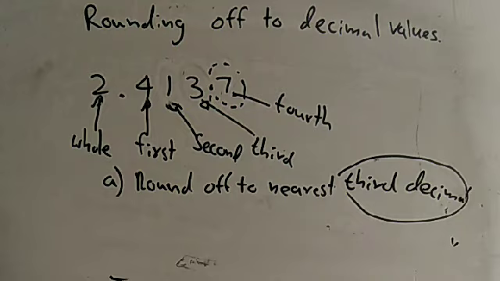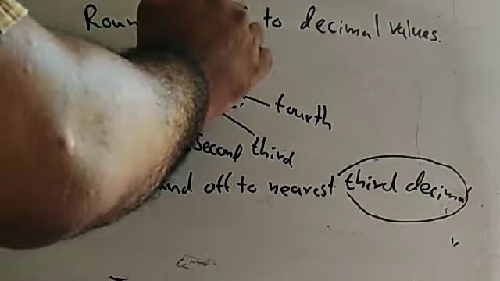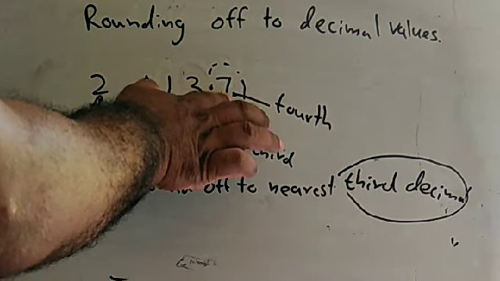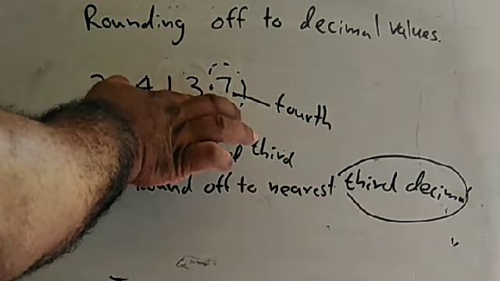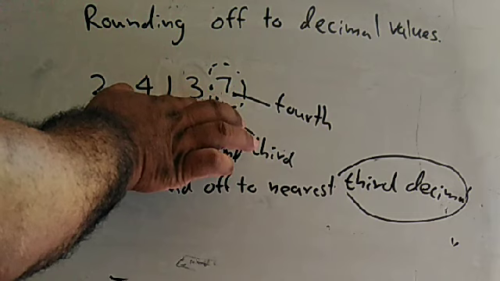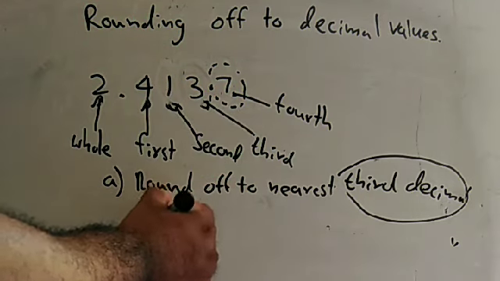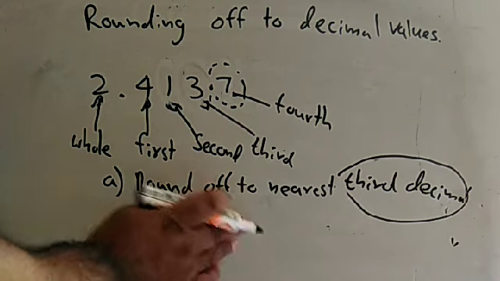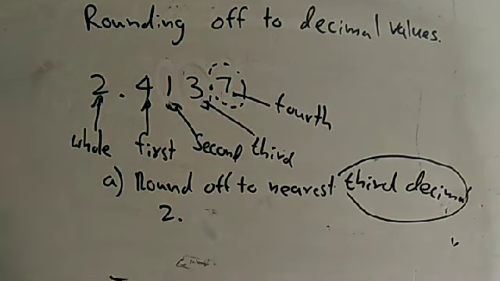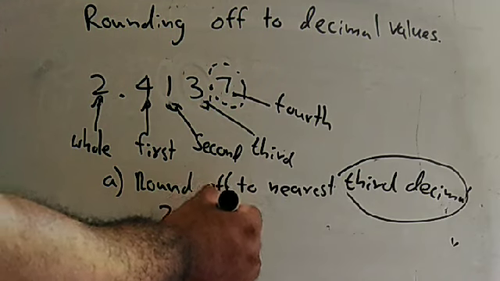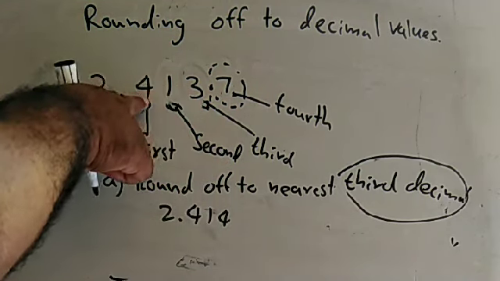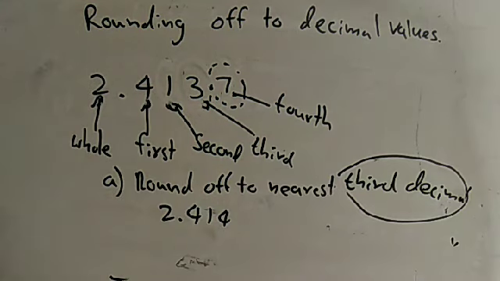You can see 7 is above 5. When above 5, add 1 to the front. Then 3 plus 1 is 4, so the answer is 2.414.